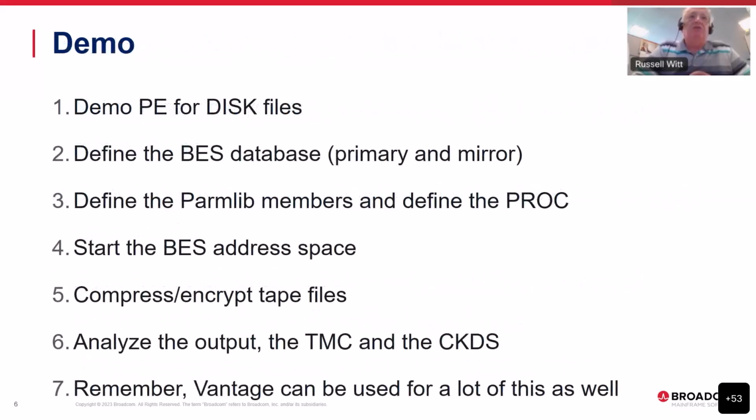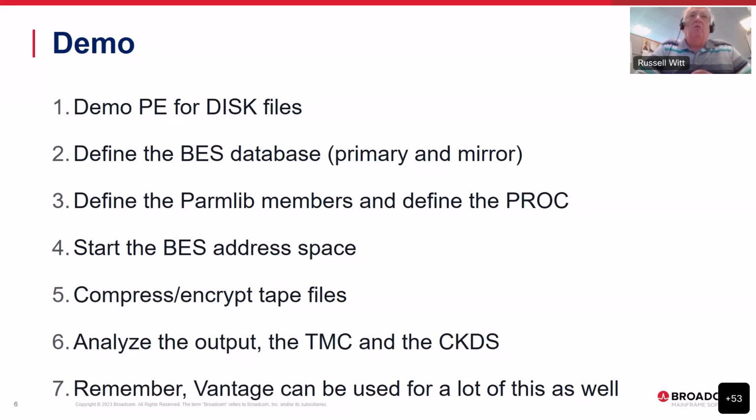Okay, so the demo I'm going to go through today is, first of all, how pervasive encryption for disk files currently works. I'm going to define the BES database. We call our encryption compression subroutine BES.